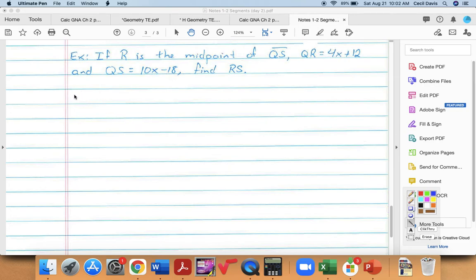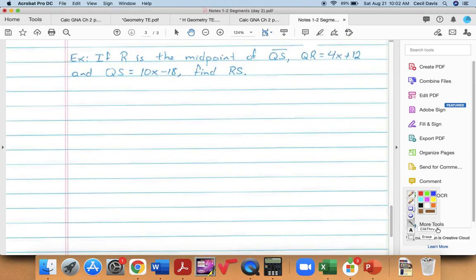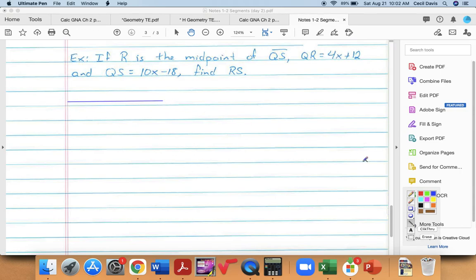So let's see what's going on here. I need my segment. I want R to be the midpoint, so I want it to be exactly halfway in the middle. Again, mine's too far left. It's sort of a perpetual problem for me, but I'm going to mark these two as congruent.